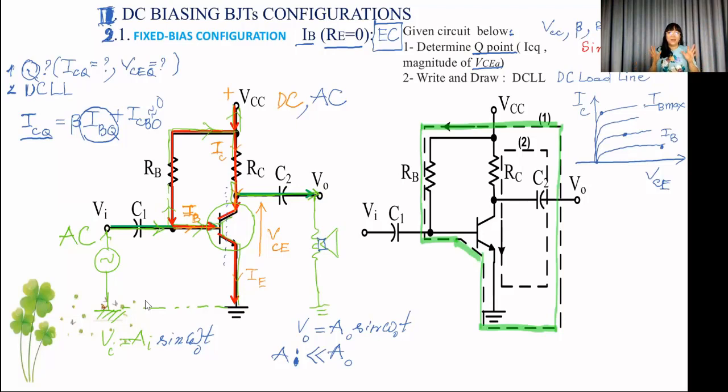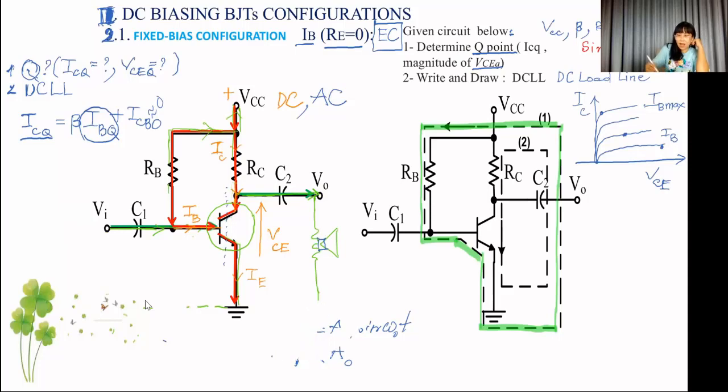Nào. And now, please draw this circuit. And now we are beginning to come back to how to find out the current, how to find out the value of the position Q point.